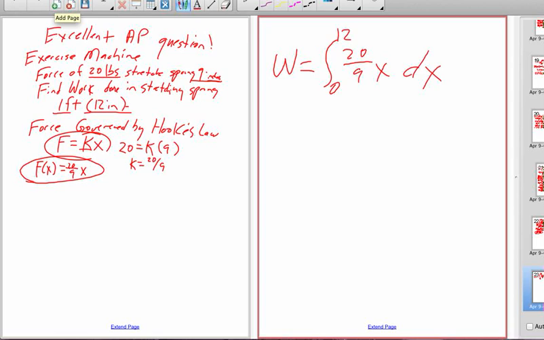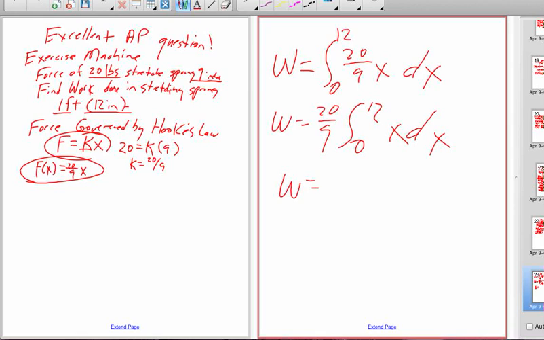Okay, or my work is 20 over 9 times the integral from 0 to 12 of x dx. Well, this one doesn't look too bad then. So W is going to be 20 over 9 times 1/2 x squared evaluated from 0 to 12.